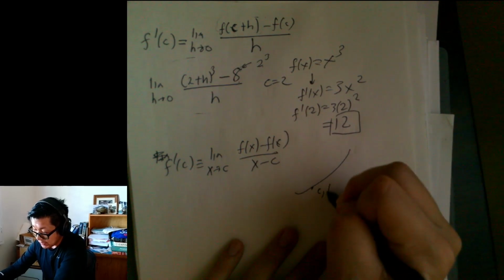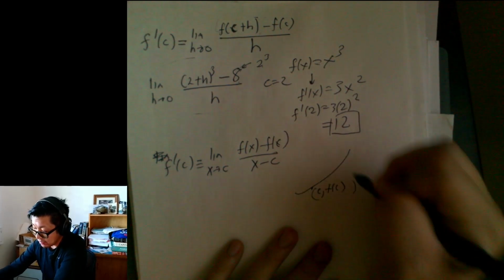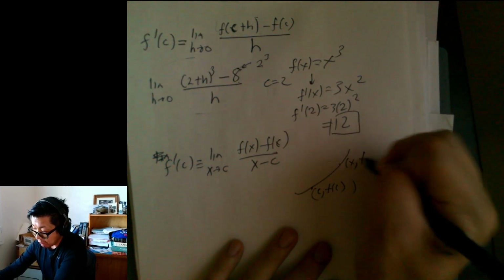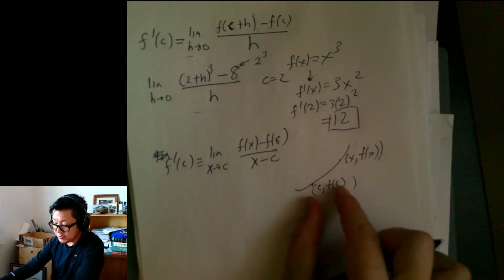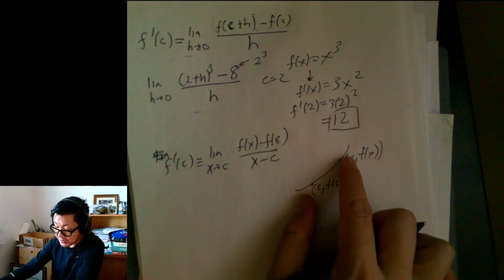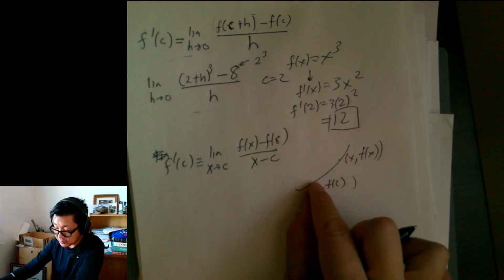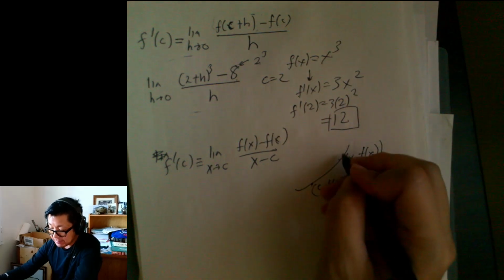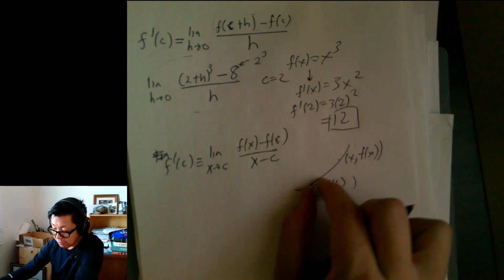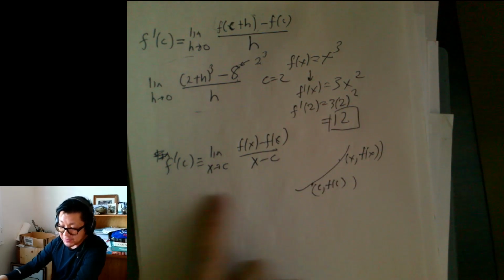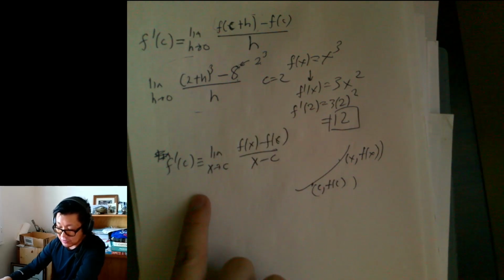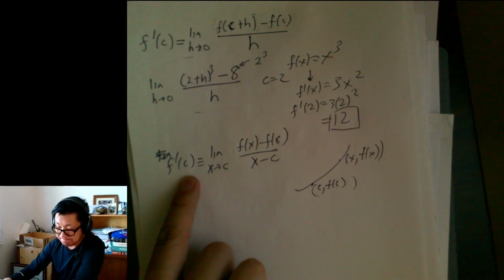You have c, f of c here, x, f of x here. And so instead of having h approach 0, we're letting x approach c. So in other words, this point's getting closer and closer to here. Exact same thing. The slope of the secant line approaches the slope of the tangent line. And so this is just another way of calculating the definition of the derivative at a particular point.